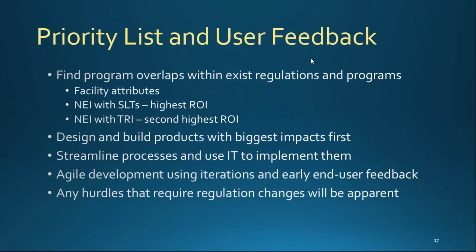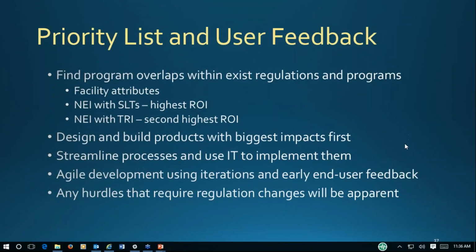The product design team is going to look to pull together products that have the biggest impacts first. Consistent with the philosophy of E-Enterprise, we're going to modernize and streamline first, and then we're going to look for IT solutions to help make things happen, not the reverse.